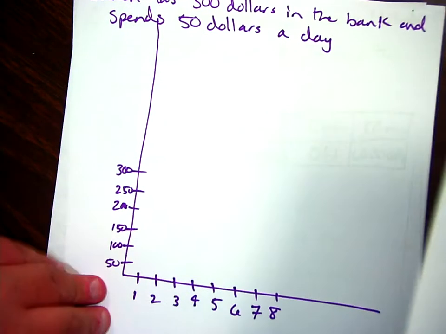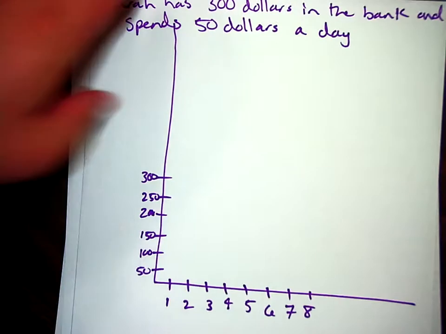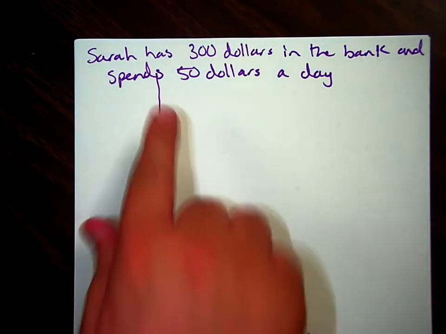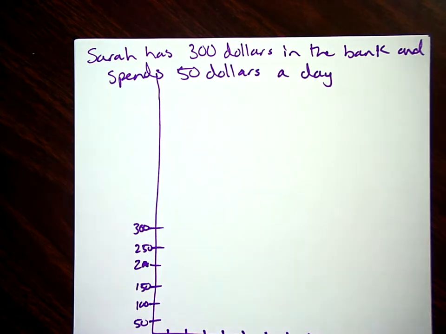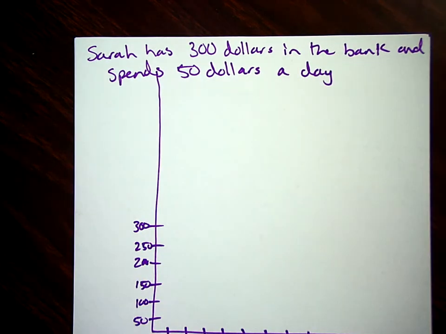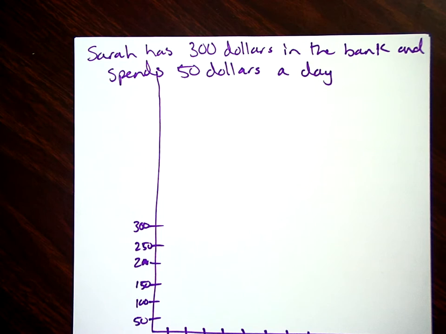Okay, so we're going to look at a few situations here, and I'm going to pull all of this information out of just these 3 situations. In this situation, you're told that Sarah has $300 in her bank account, and she spends $50 a day, we're assuming, until she runs out. Given just this relationship, not being able to write an equation or anything, I can certainly graph it.